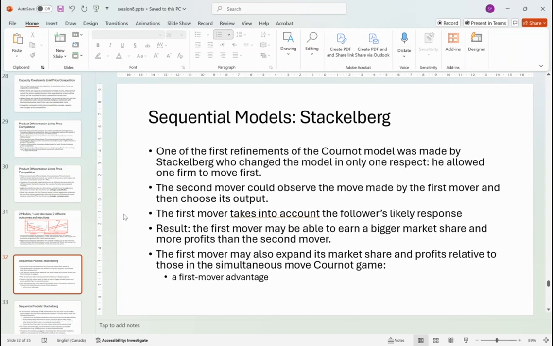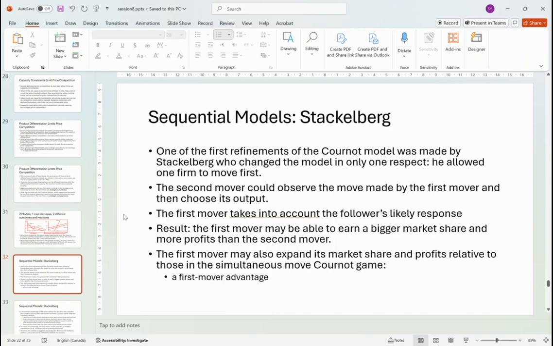One firm decides about the quantity first, and then the second firm, after observing the first firm's decision, would move and decide about the quantity produced, right? So that means the second firm observes the decision of the first firm, and the first firm takes into account the second firm's highly likely response, right?